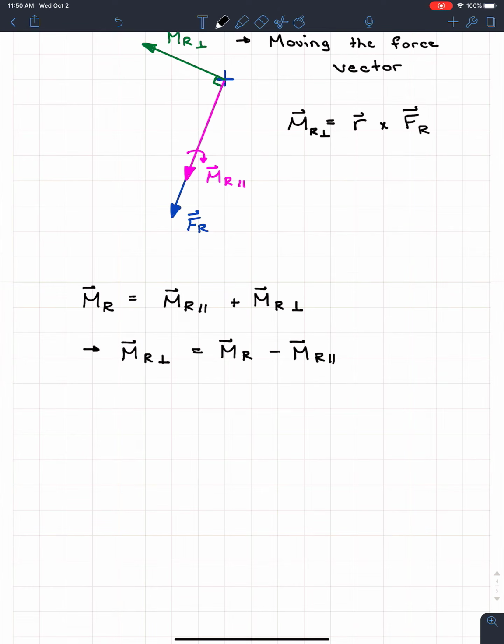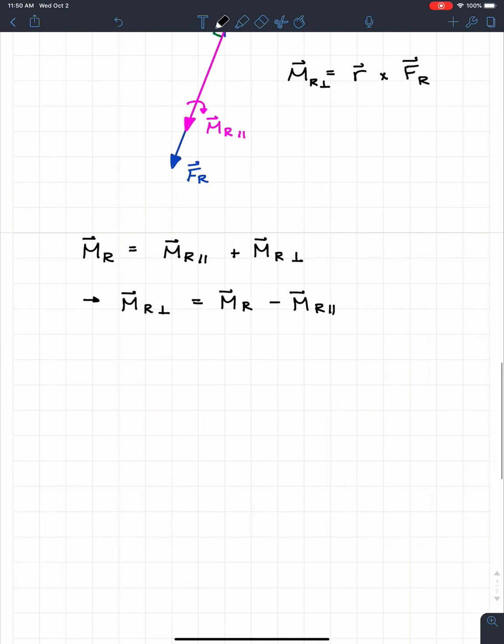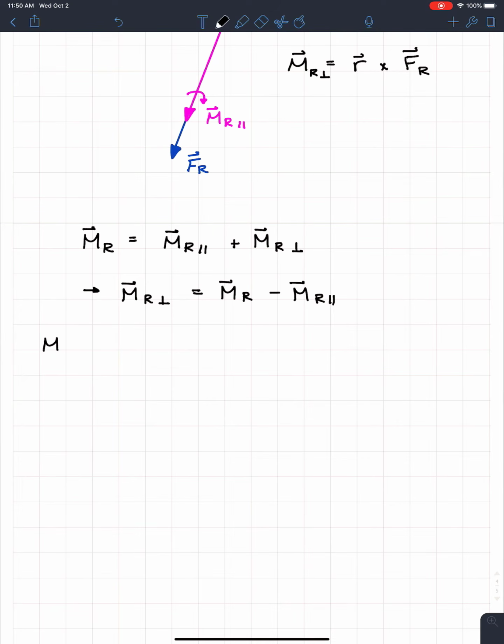We're just going to take the i component of MR and minus the i component of MR parallel. And what you'll get in the end is MR perpendicular is going to be equal to, and then we're going to have our nice brackets, negative 1075.9i, and we'll look up how we get these numbers after.